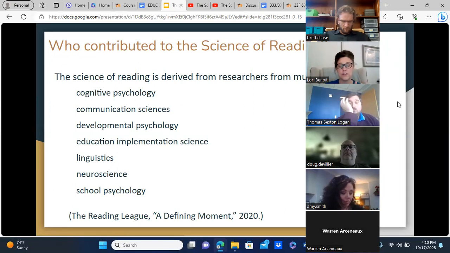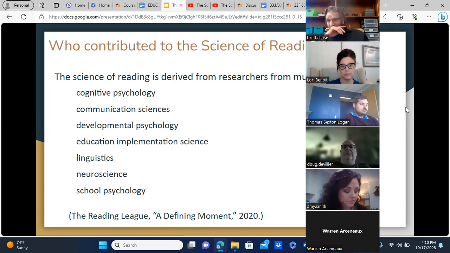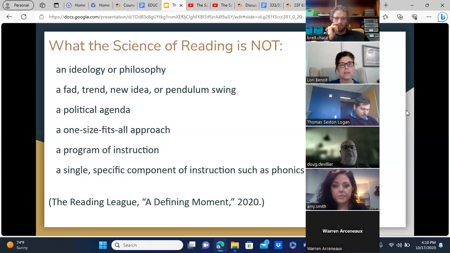So these are just a few, and what's really cool about the research is that the findings echo one another, and they all corroborate one another. So even though they were in different fields, maybe studying different pieces of this, all of them lead to the same body of research.